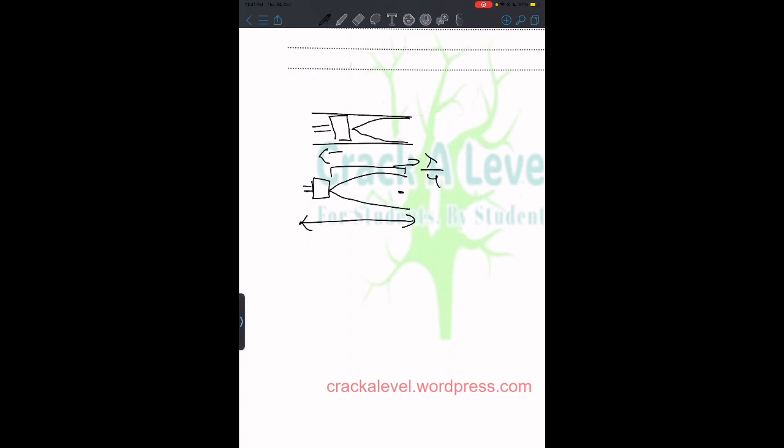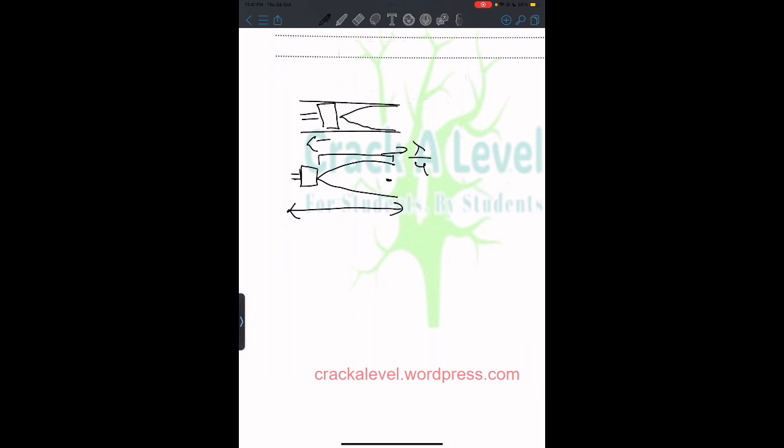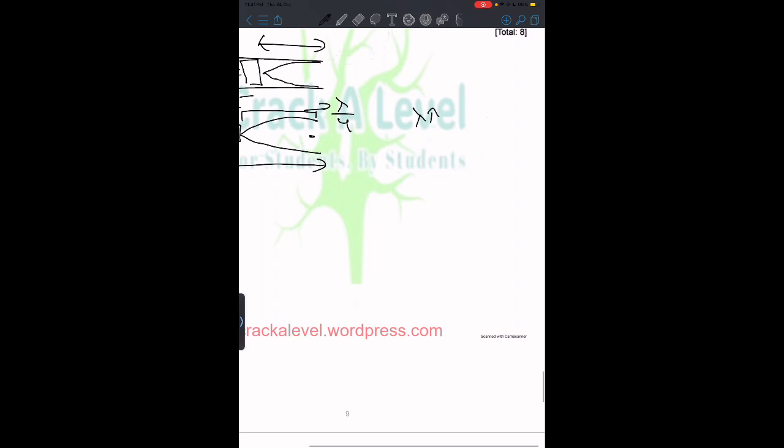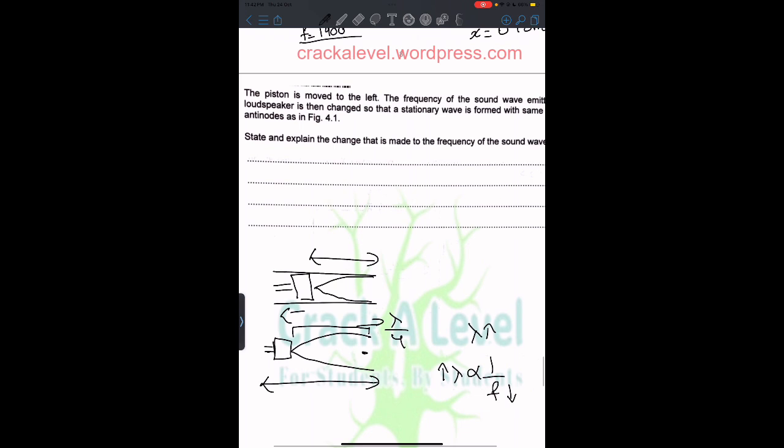Well, this is only possible if our wavelength is increasing. So if our wavelength increases, this means that previously, if a quarter wavelength was formed at this distance, now it will be formed at a greater distance. So if we want lambda to increase, we know that lambda is inversely proportional to frequency. So if this increases, this decreases. So we know the wavelength is increasing.